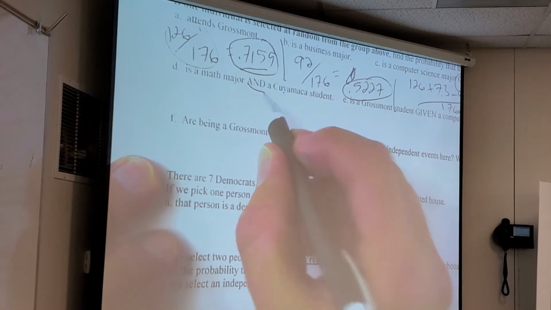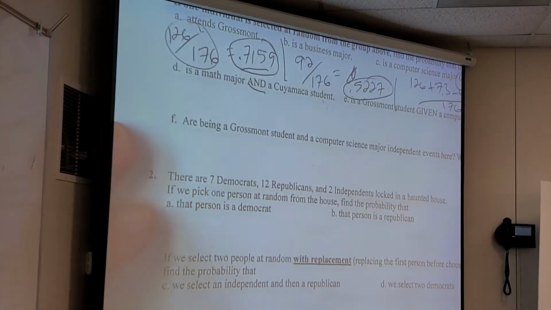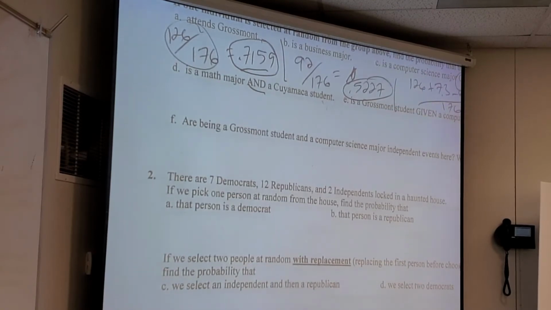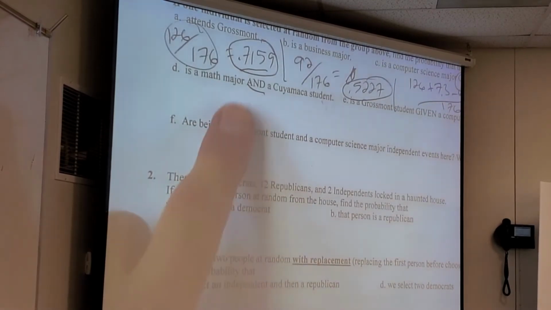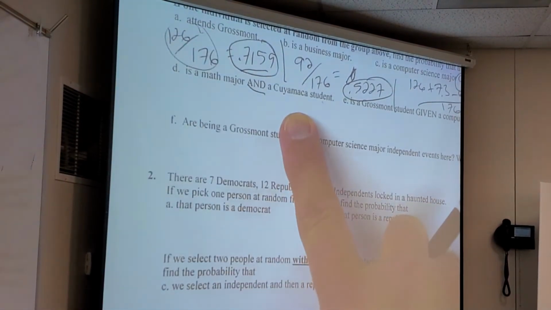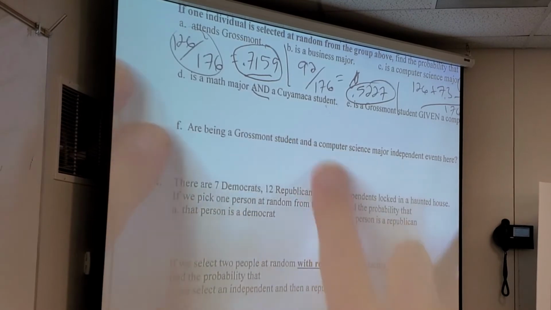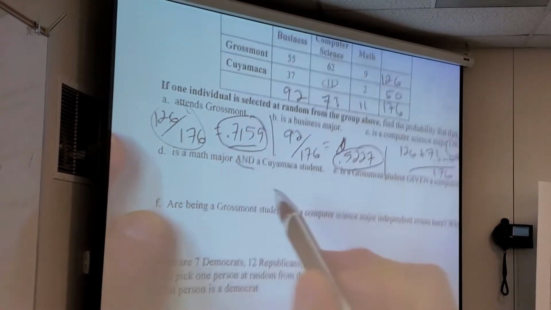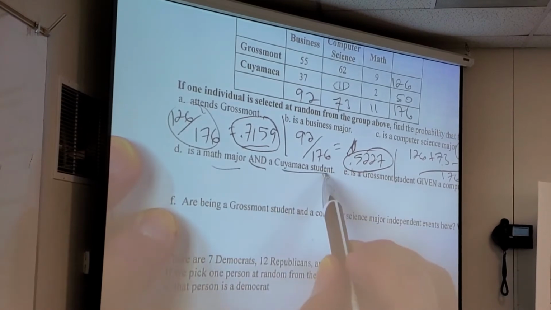And it should make the number smaller. One reason why I haven't shown you the formula for AND yet is that the minute I do, people start doing this one using the formula, and that is disgusting. I'm not saying the formula's bad. I'm just saying it's not smart to use it in this situation. Because I can see how many math majors are also Cuyamaca students.